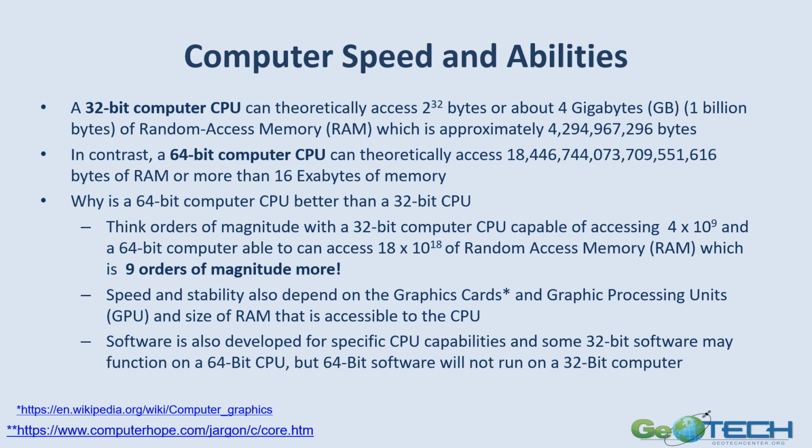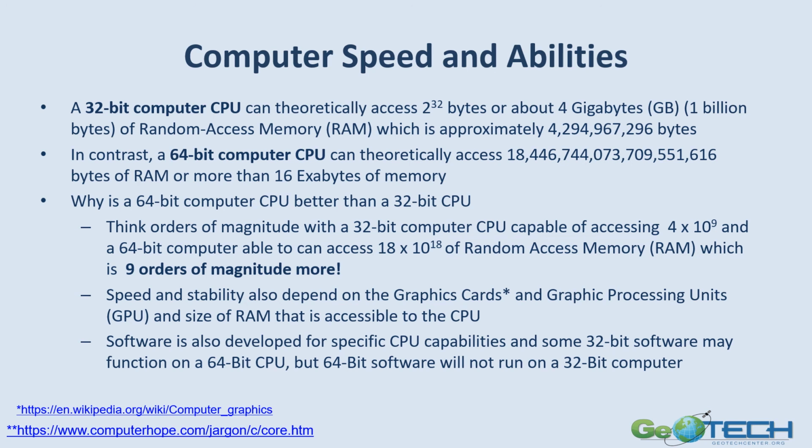It's bytes of RAM, or more than 16 exabytes of memory. So you can see the difference between the 32-bit and the 64-bit. Much, much more accessible RAM. So really, think orders of magnitude. A 64-bit computer compared to a 32-bit computer actually has 9 orders of magnitude more ability to access random access memory.